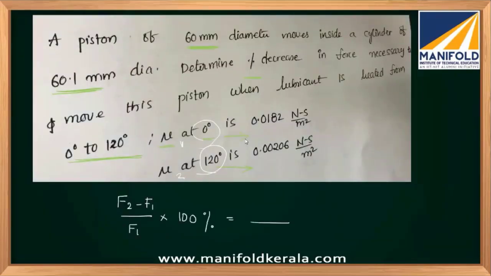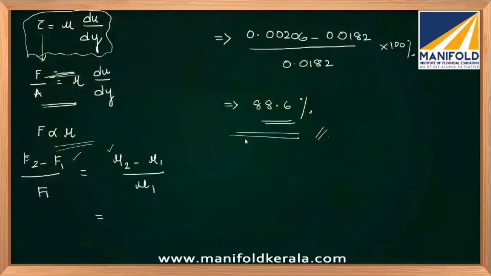Screenshot of the question is this: 60 mm diameter, rotating under 60.1 mm diameter, viscosity at 0 degrees and 120 degrees. Decrease in force he is asking you in the question. For this, we have done the solution in this way. The easiest way to do the solution is this way. Any doubts in this solution?